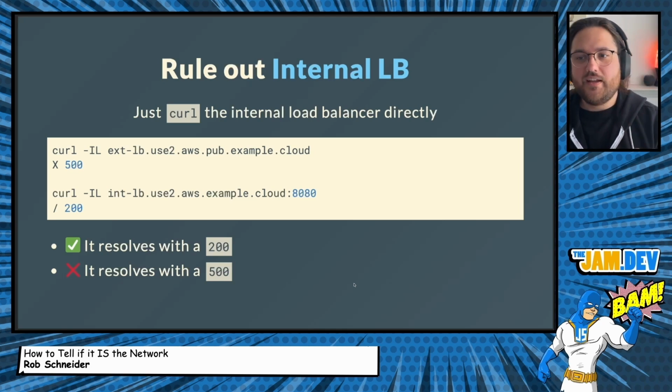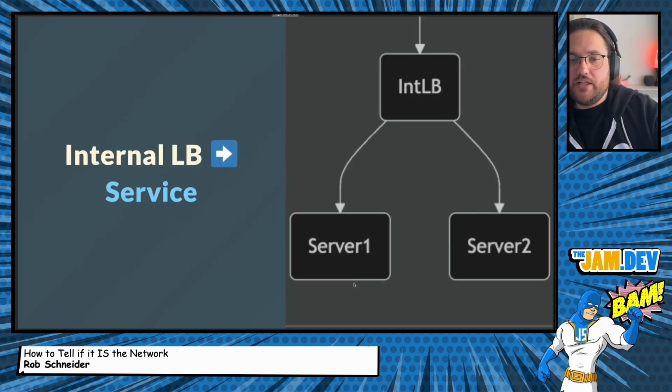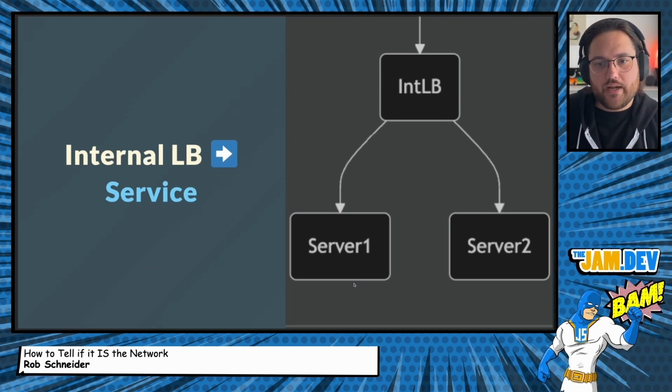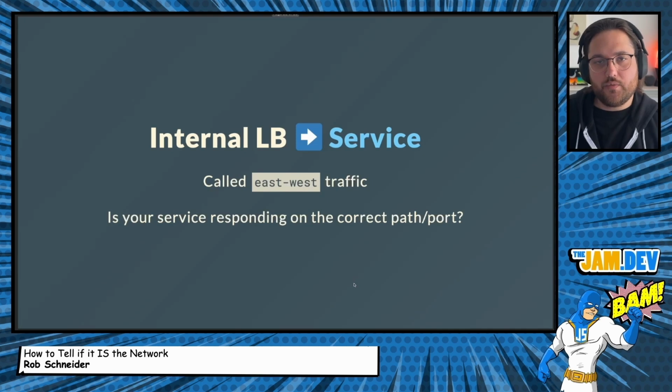Okay, last one is the connection between your internal load balancer and your service. We call this sort of traffic east-west because it deals with intranet stuff. So services that work between and inside your infrastructure. And really, you just want to make sure that you have a good idea of what your application is expecting at this layer.